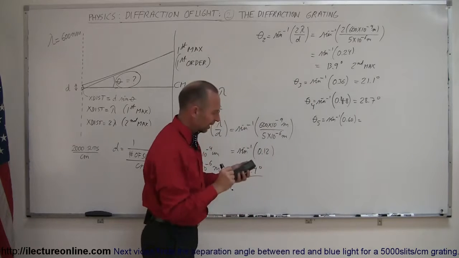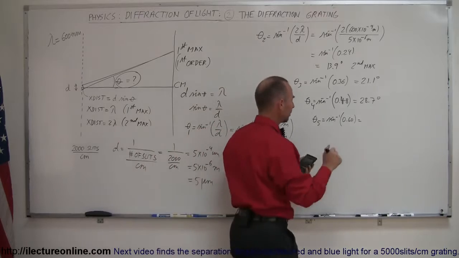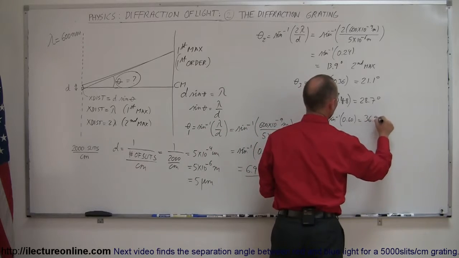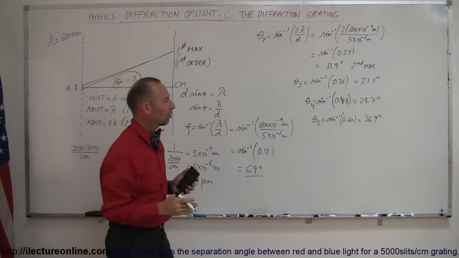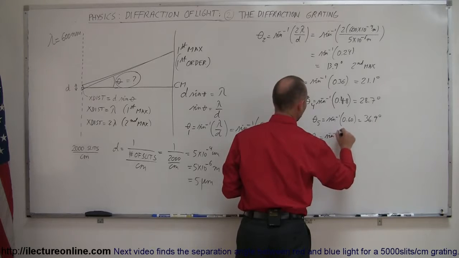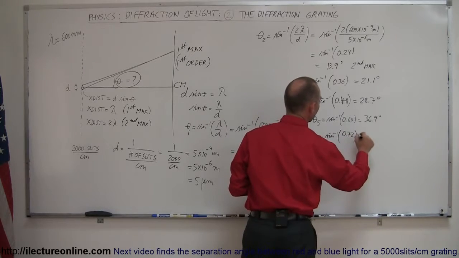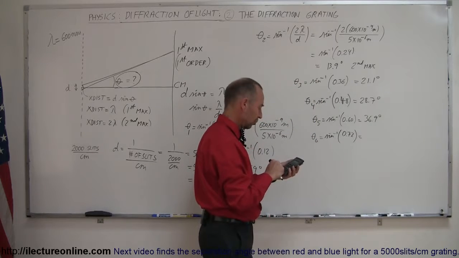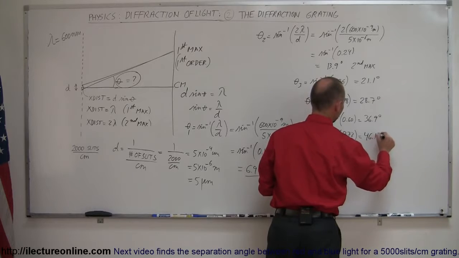You see we're getting to the limit there. Take the arc sine of 0.6, that's 36.9 degrees. And you can also see how the separation of the angles begins to increase as we get closer and closer. Theta sub 6 is equal to the arc sine of 6 lambda divided by d, that would be 0.72, and the arc sine of that is 46.1 degrees.